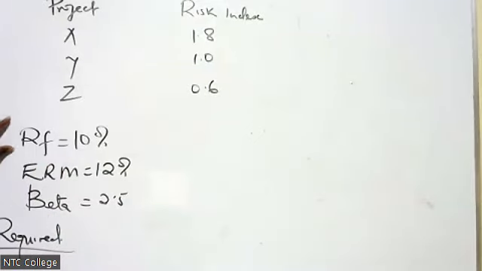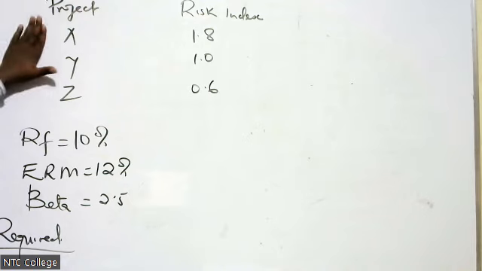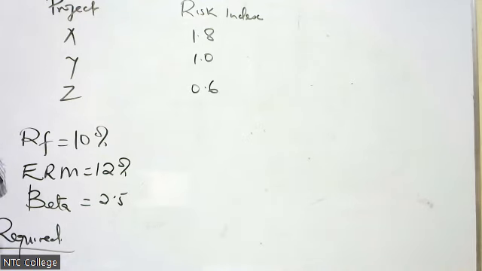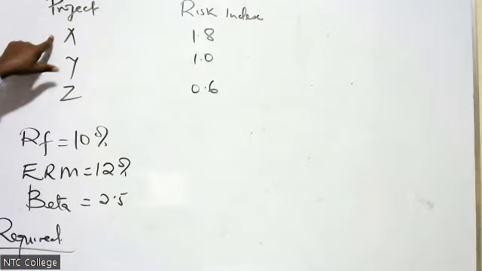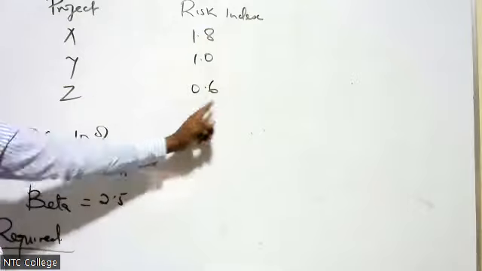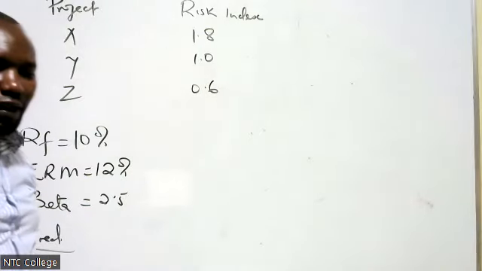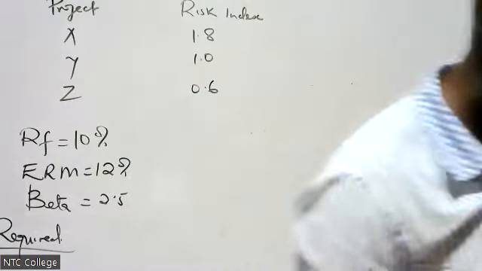They have also given the risk-free rate, ERM, and beta. Then they are telling you, get us the RAD for X, Y, and Z. Where do we start from?